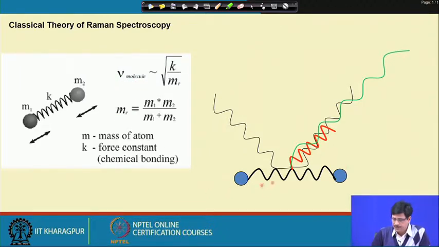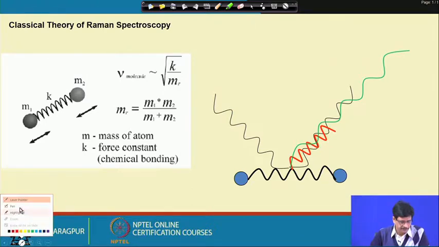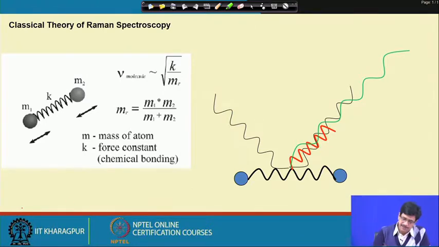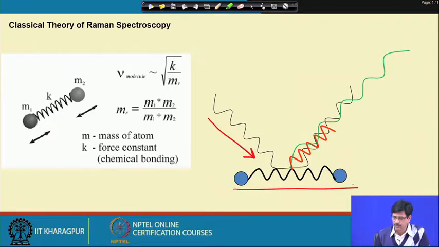Here is a very crude and rather schematic representation of what exactly happens. So, this is the incident, and this represents our molecule in which the atoms are connected by this bond. The bond is like a spring which is having its own vibration as per the formula that we have given here.